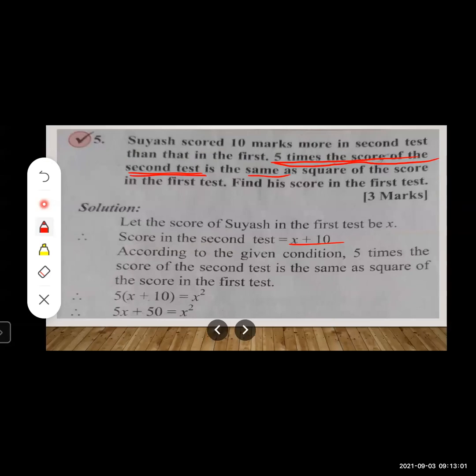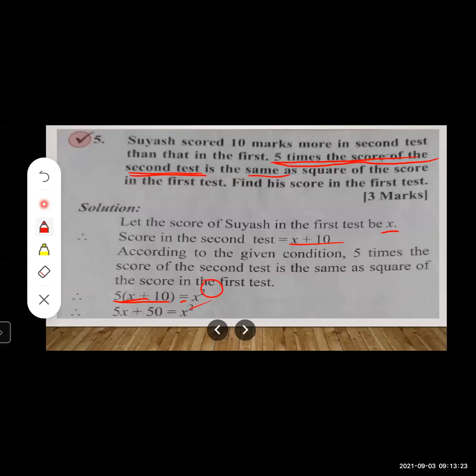What is the score in the first test? X. What is its square? X square. And what is the condition given here? 5 times the score in the second test is equal to the square of the score in the first test.